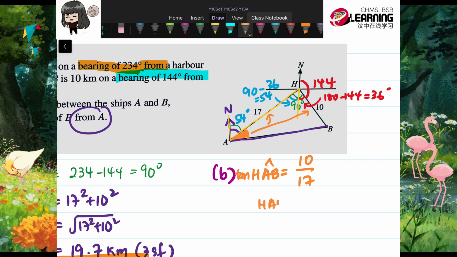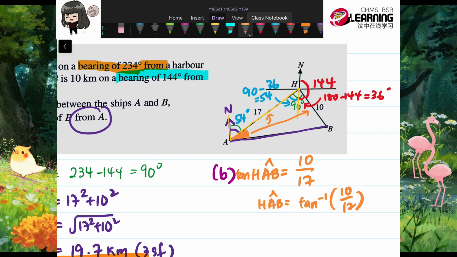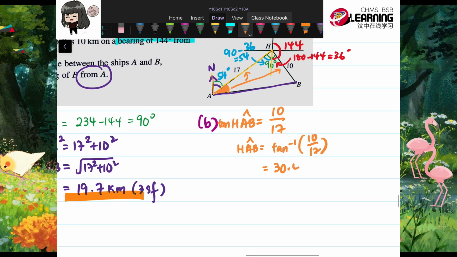Okay, so angle of HAB here is, after you shift tan or inverse tan, you will get 30.4655. We don't need to round off because this is not the final answer.